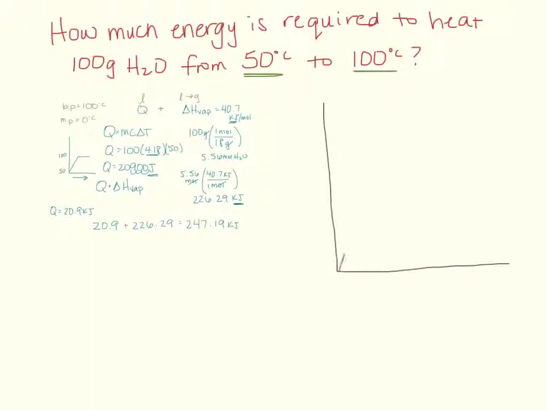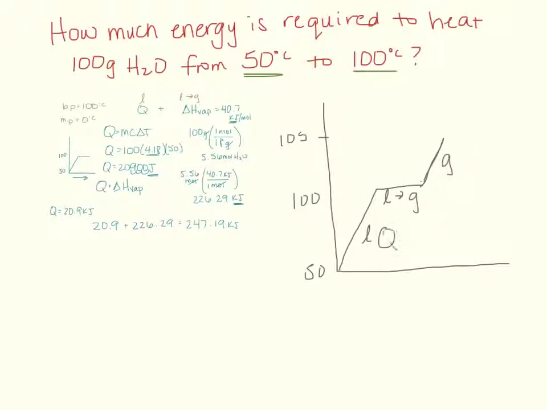So I start at 50. I get to my 100 degrees Celsius, because I have a phase change at 100. It's my boiling point. Then my temperature continues to rise to 105, my final temperature. So here I'm going to have my liquid phase, my liquid to gas phase, and then my gas phase.